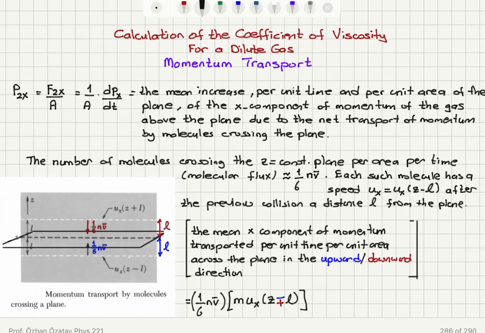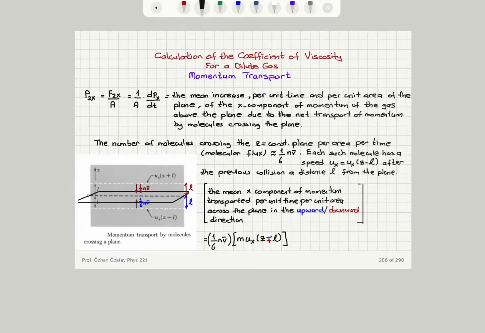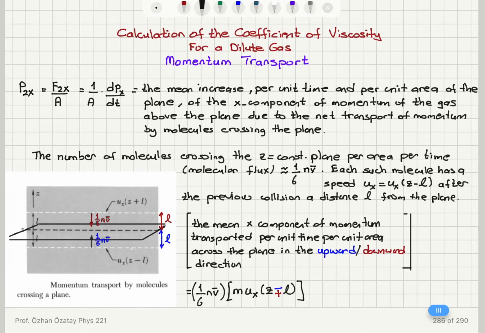When we say molecules crossing the plane, there are molecules going above the plane and molecules going below the plane. So on average, we can estimate the molecular flux, the number per area per time, to be 1 over 6 n v bar, because we have three independent degrees of freedom x, y, and z, and we have equal likelihood for plus z direction and minus z direction.